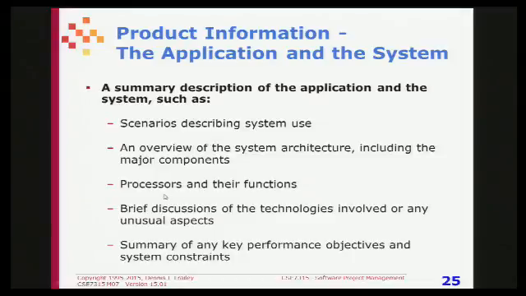That's pretty important when you're writing software, is what computers, what processors does it run on? Brief descriptions or discussions of any technologies that are unusual. We're using a particular weird way of doing something that's a little different from normal or whatever. Any key performance objectives that may relate to how you optimize the code, for example.